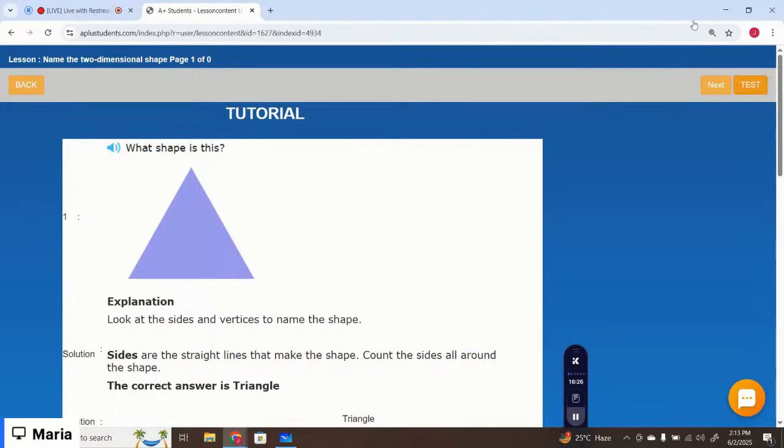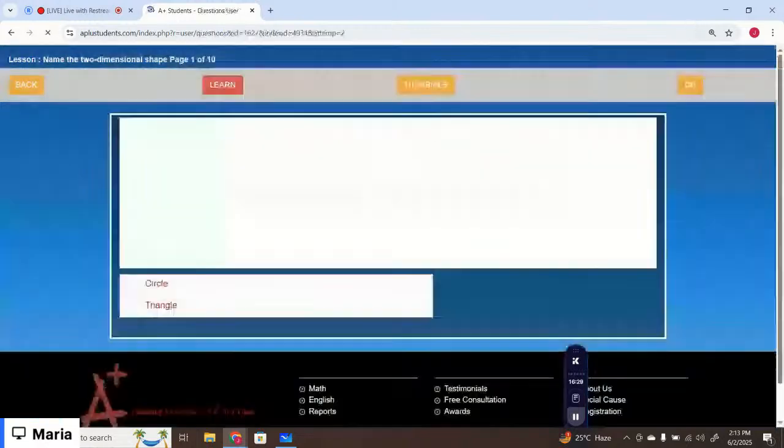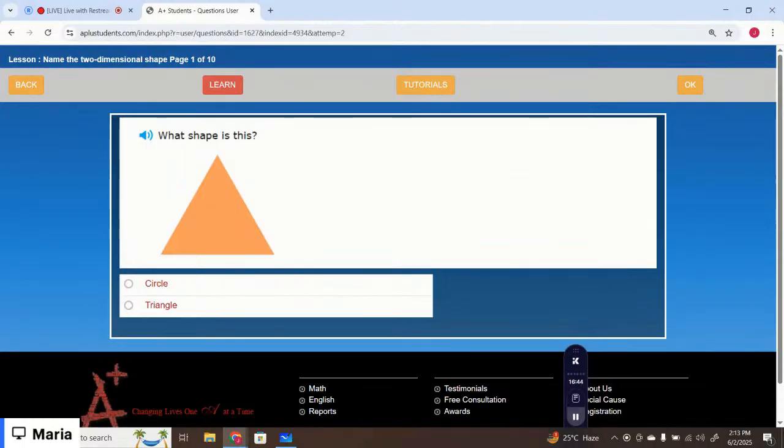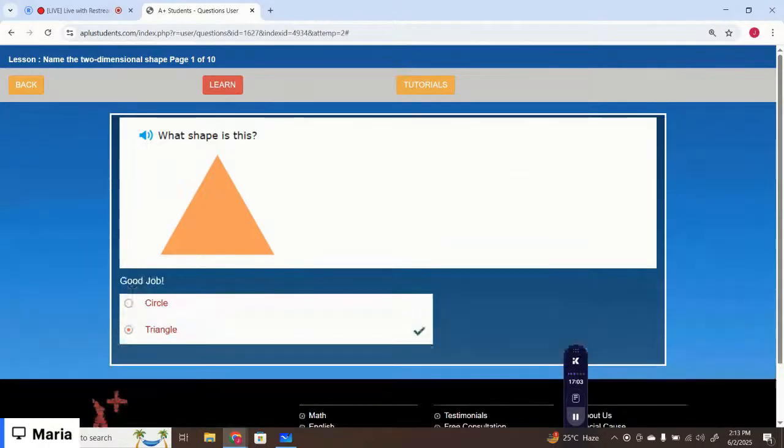Let's just start with the test questions. What shape is this? Triangle it is, option number two is the correct option.